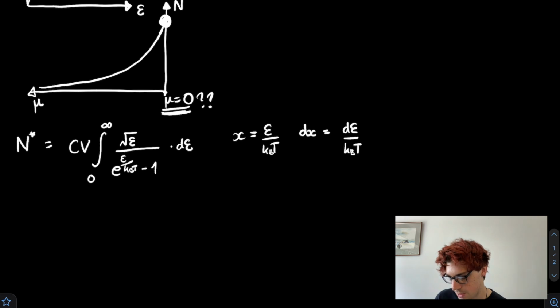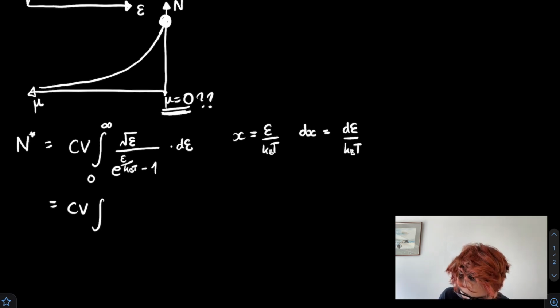So that's our substitution right there. And now we're just going to go ahead and replace all the epsilons with x's. So n star is equal to cv multiplied by the integral, again between 0 and infinity, because x scales linearly with epsilon. So if epsilon goes between 0 and infinity, x will also go between 0 and infinity.